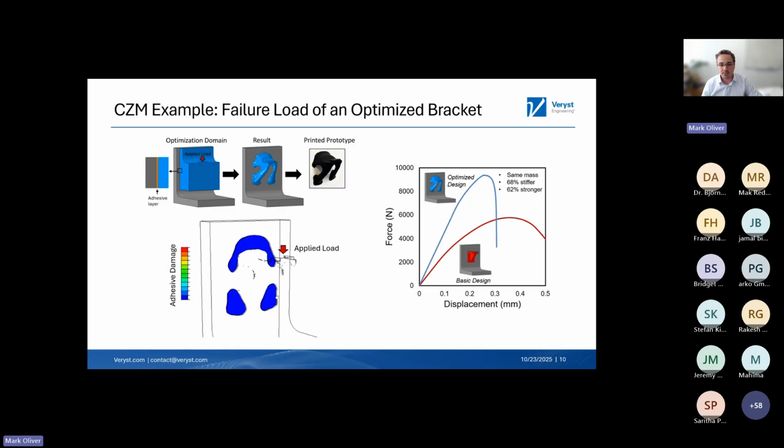The blue here is where the adhesive is, and what we used cohesive zone modeling for in this scenario is to predict the evolution of damage in the adhesive and the ultimate failure, so that we could predict the force versus displacement response of this bracket and compare it to a more basic design for the same type of bracket that had the same amount of mass. So we can see that our optimized bracket is stiffer and stronger, and we made those predictions using cohesive zone modeling.